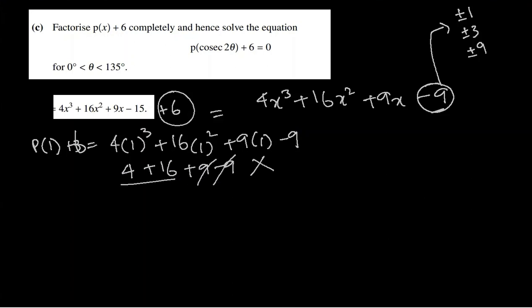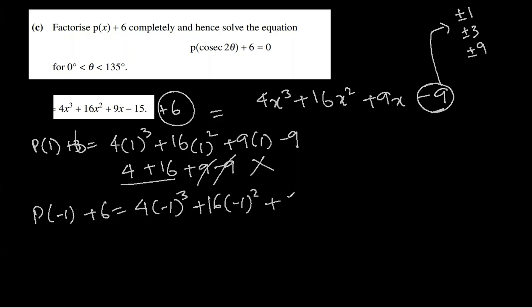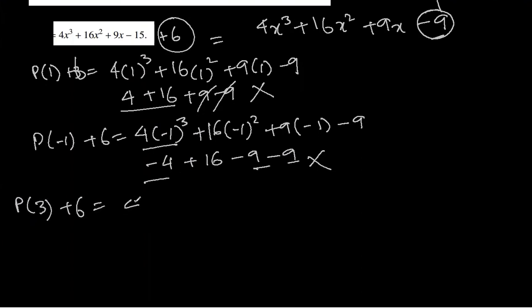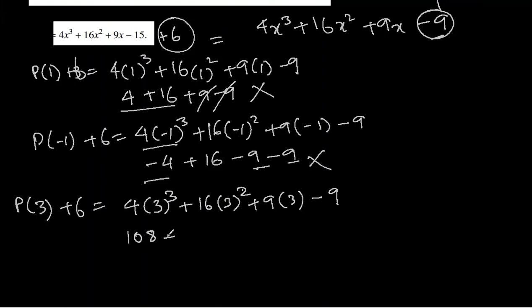These cancel, but we get 20. So we'll have to go minus 1. So 36, yes, this is working.